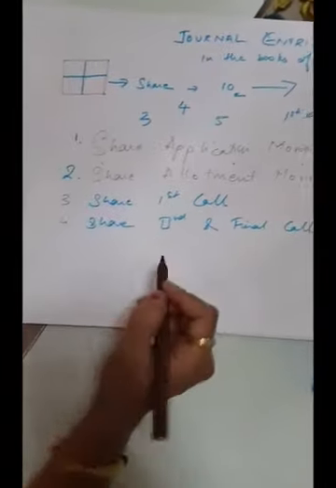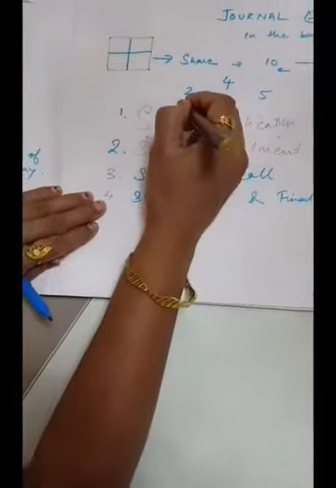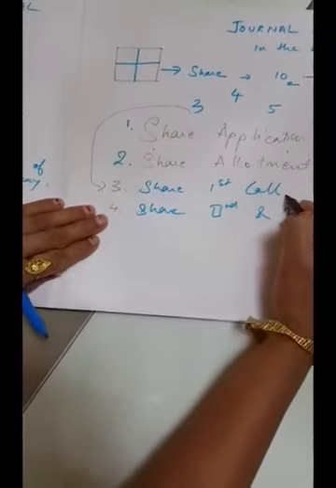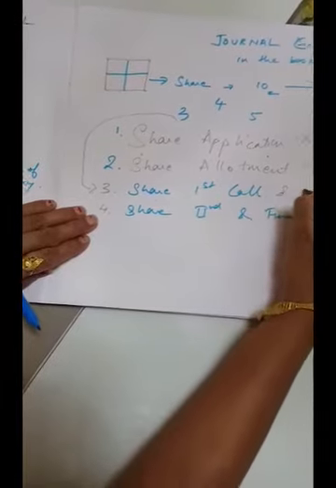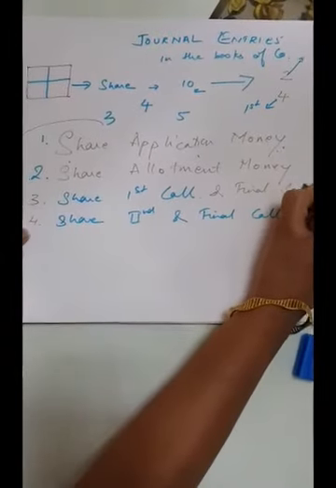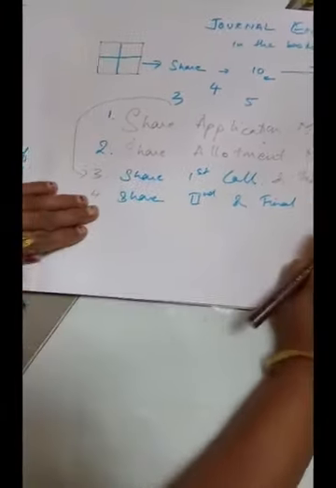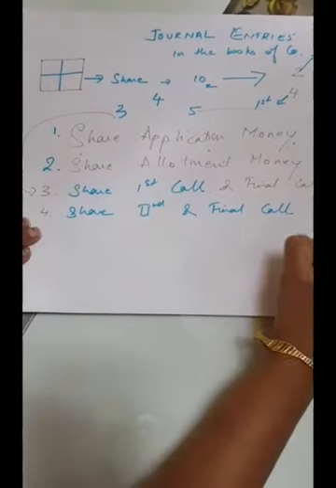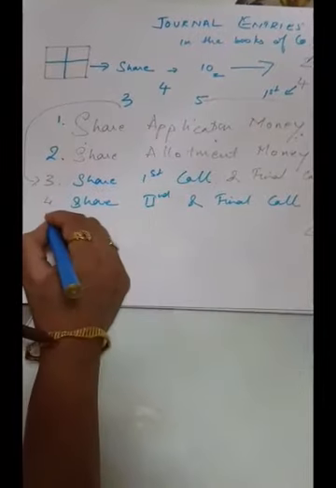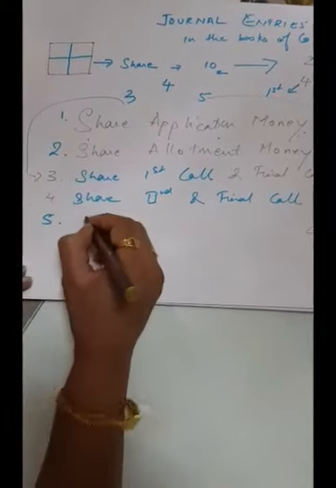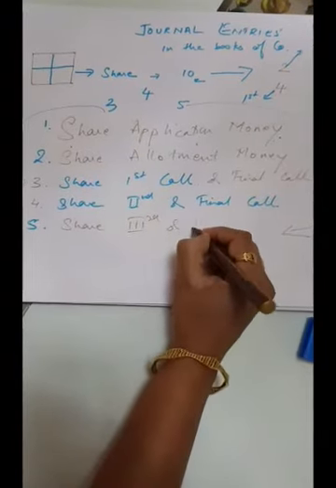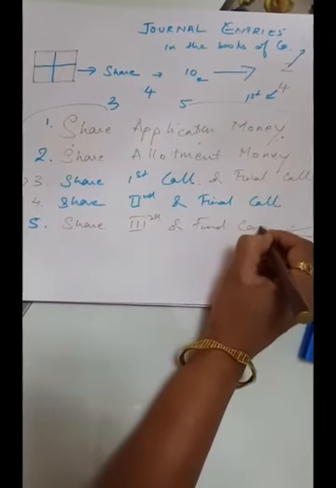However, if a business wants, they can divide it in only 3 parts. So this will become share first and final call. Supposing the business decides to make it into 5 parts, then you will have the 5th part as share third and final call.